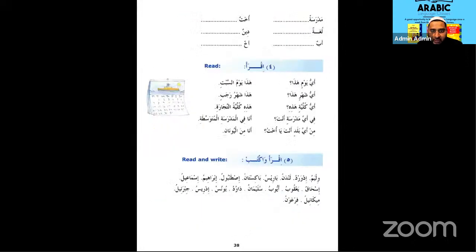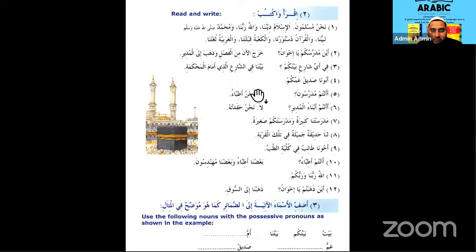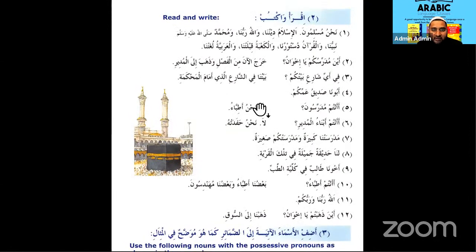Page number 30. Right, so what's happening here? Right, that's fine, Sister Zora. Right, on this page, this is going to be a bit challenging. It would be brilliant to see what you say here.